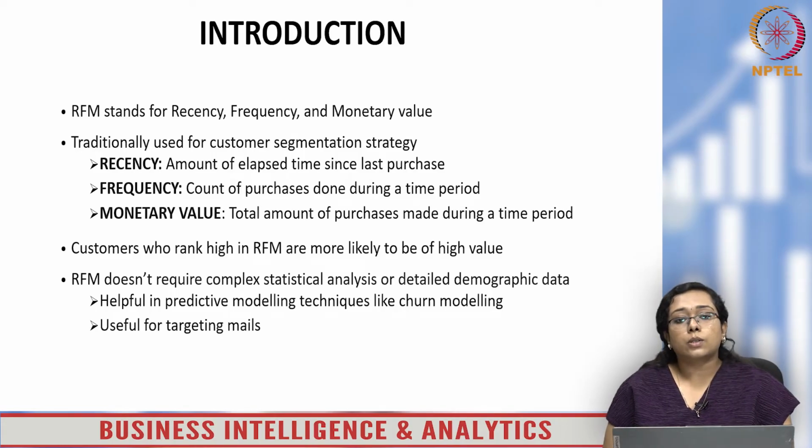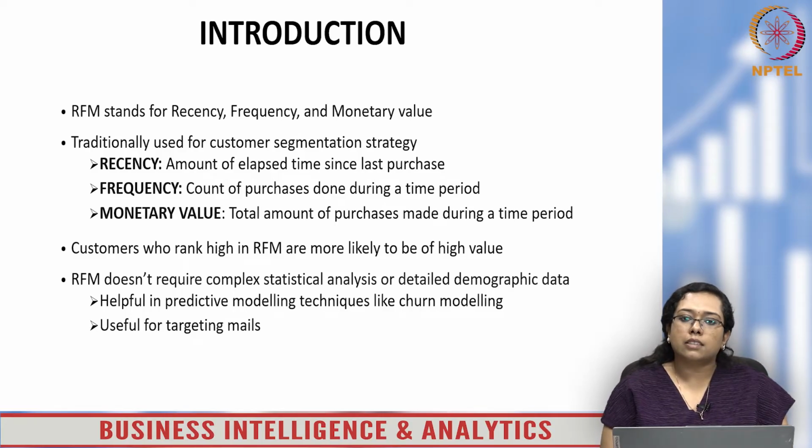RFM is also used for targeting mails. For example, in the US, various zip codes are segmented into different types. People from a particular zip code might not be purchasing high value items, but people from another zip code might be very rich and would always be purchasing high value items.